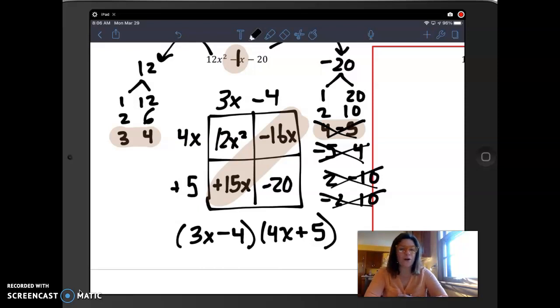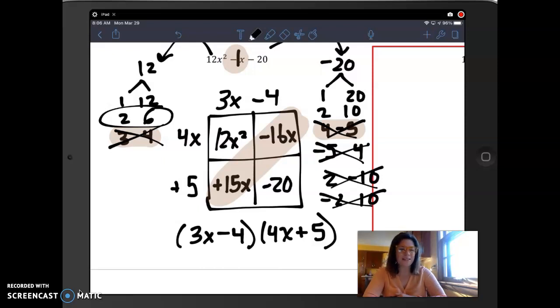If I'd gotten through all my options here and I couldn't find one that worked, that means that it's not a 3 and a 4 that we started with, and you have to start the whole process over trying the next option. So, like I said, these are complicated puzzles. They can take a long time, but it's good for your brain.